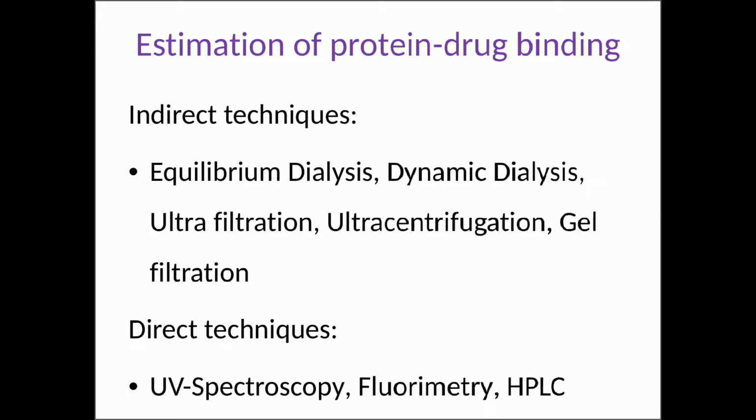In case of indirect technique, we have equilibrium dialysis, dynamic dialysis, ultrafiltration, ultracentrifugation, and gel filtration. In case of direct technique, we have UV spectroscopy, fluorometry, and high performance liquid chromatography.